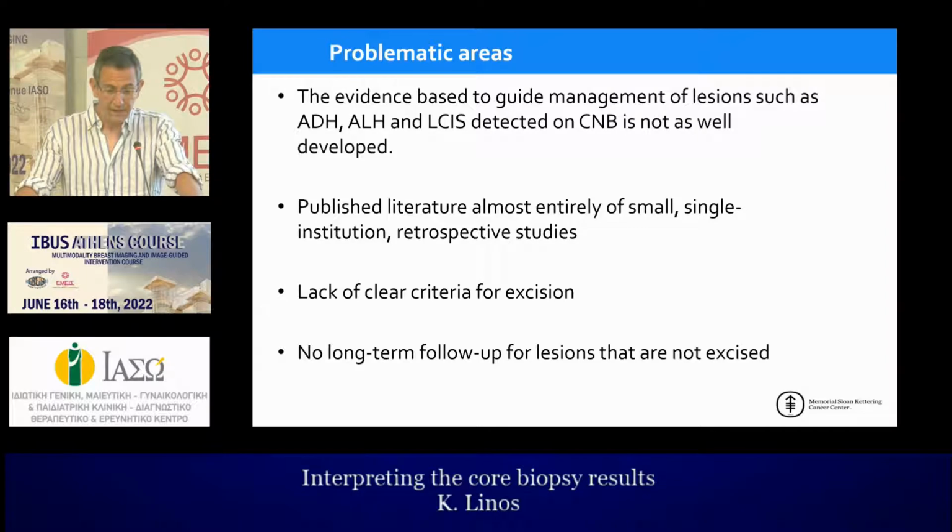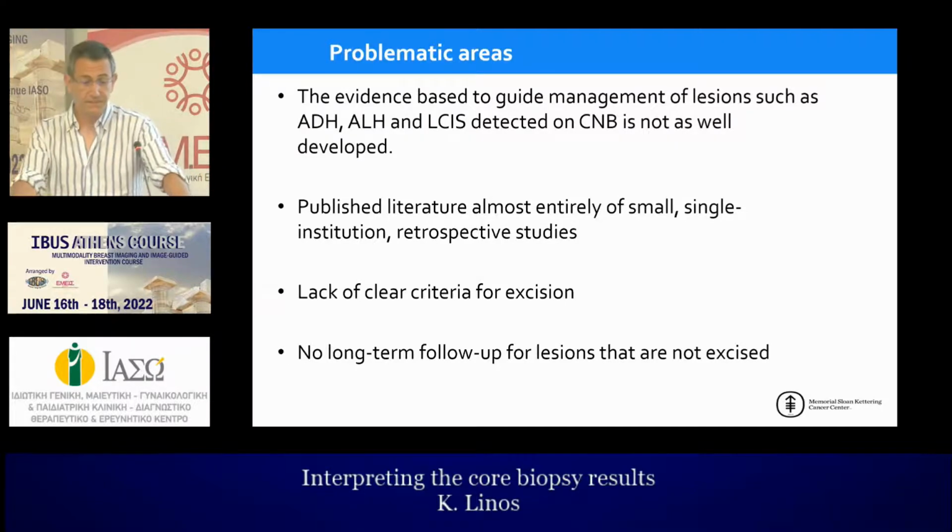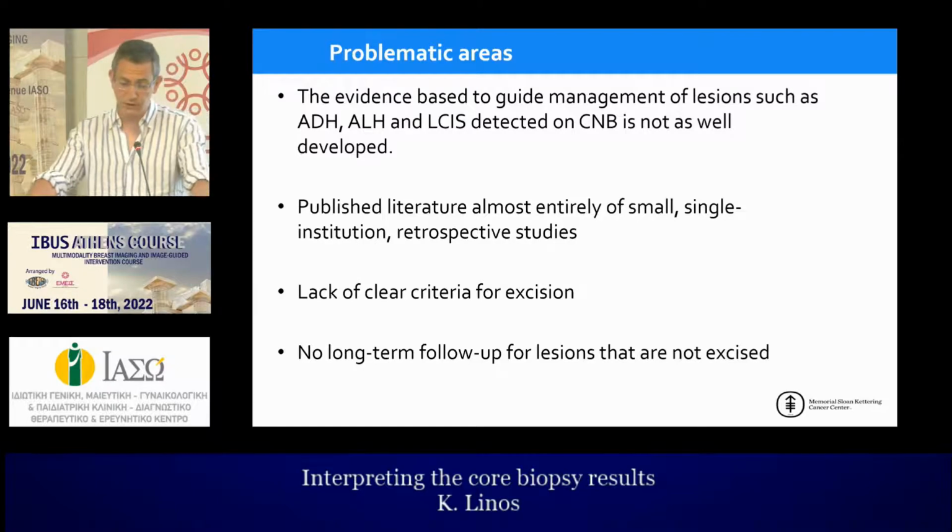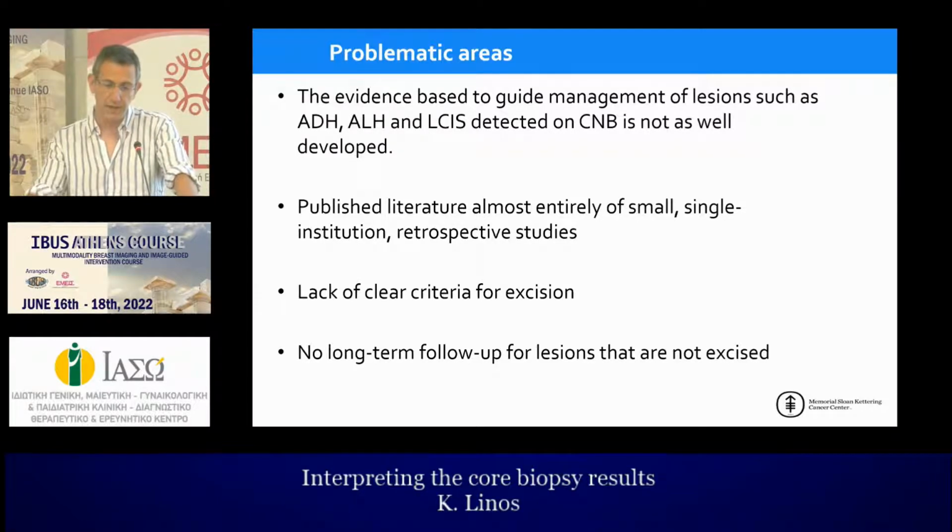The problem is that the evidence base to guide management of these breast lesions, such as ADH, and we're going to talk about ALH and lobular carcinoma in situ, is not well developed. The published literature is almost entirely small single-institution retrospective studies, which makes it very difficult to have good data to make conclusions.